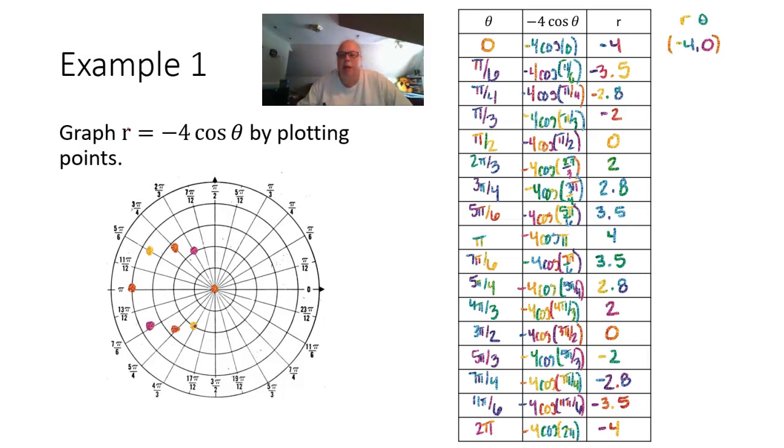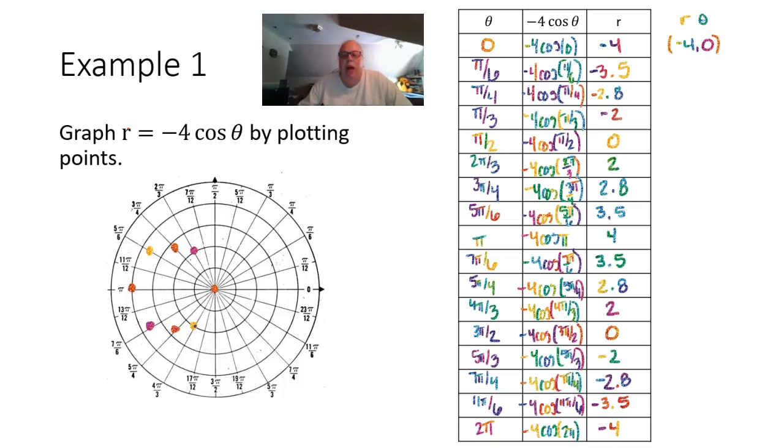We're down here at 5 pi over 3. We should be going backwards 2 circles, so instead of moving toward 5 pi over 3, I go backwards 2 circles. There's a point there. At 7 pi over 4, instead of moving forward, we go backwards 2.8, and there's already a point. At 11 pi over 6, we should be moving ahead 3.5 circles, but it's negative, so we move backwards 3.5. There's already a point.